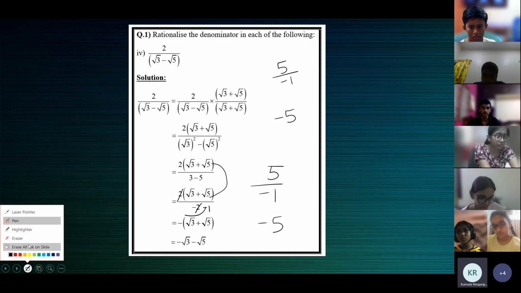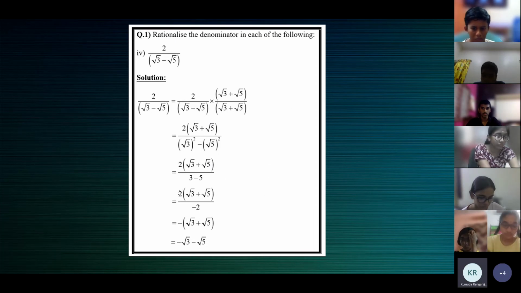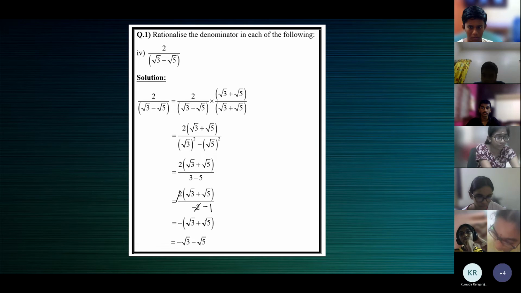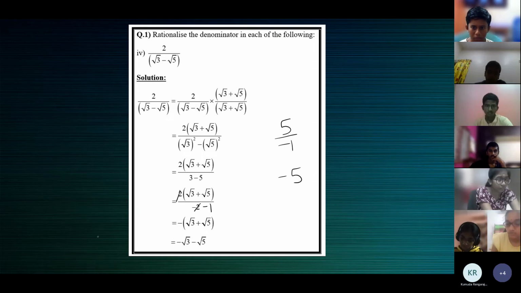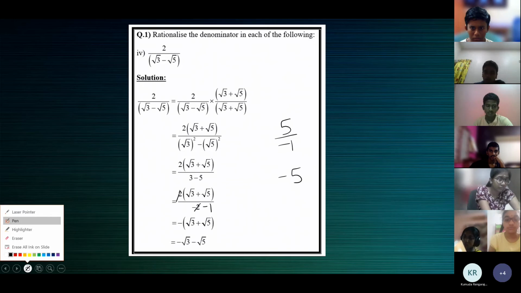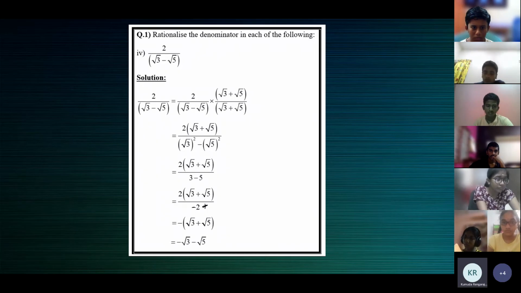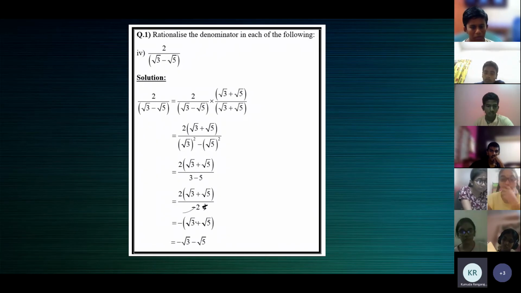Similarly here in the denominator, see 2 and 2 get cancelled. There's minus 1 in the denominator. So take that minus sign to the numerator, like you do here. You take the minus to the numerator and you say minus 5. In the same way, this minus 1 can be ignored. Take the minus up to the numerator.